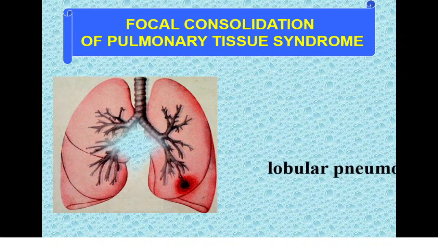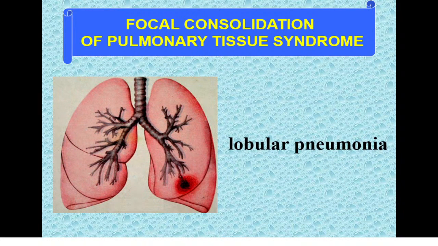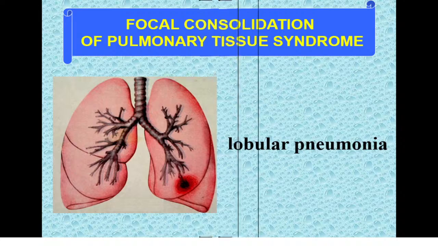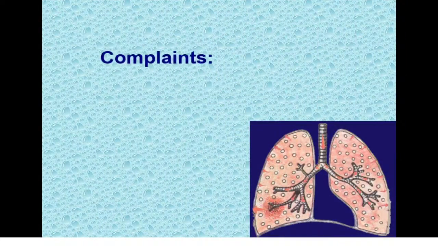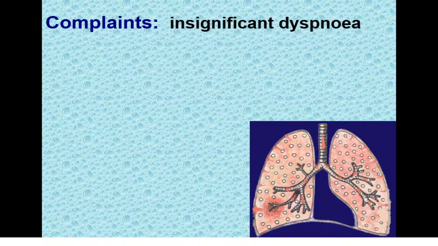I want you to compare diffuse and focal consolidation. When only some lung segments are involved in the pathological process, we are talking about lobular or segmentary pneumonia, and there will be a different clinical picture. Maybe dyspnea, but insignificant because a lot of lung tissue can compensate for small pathological foci.